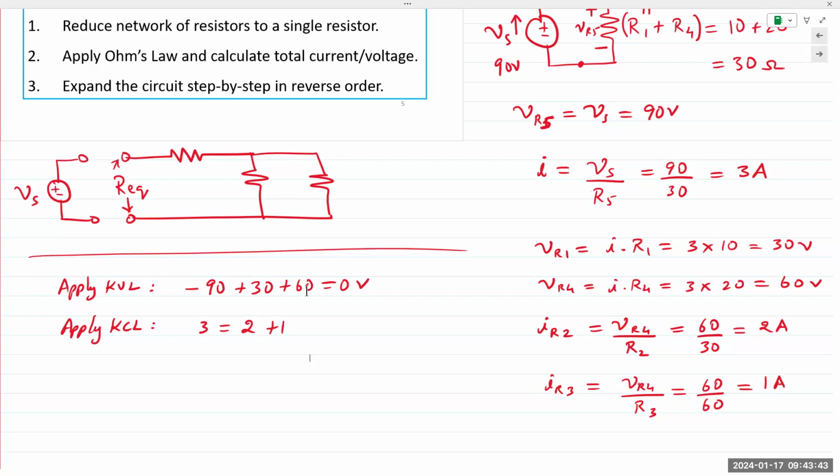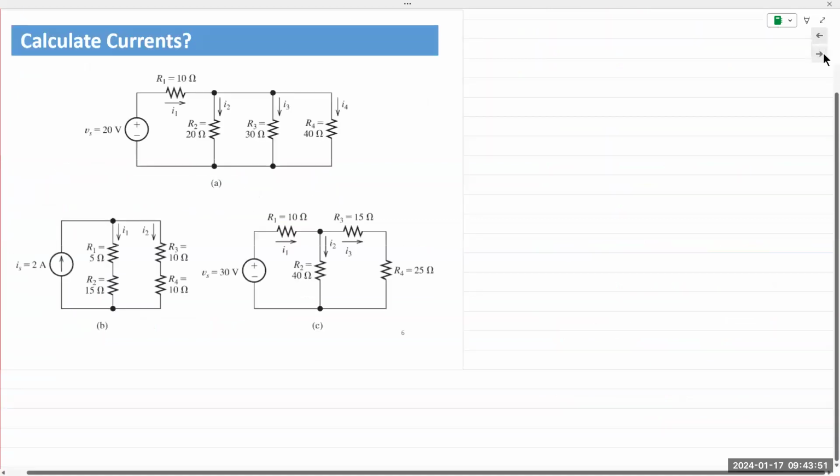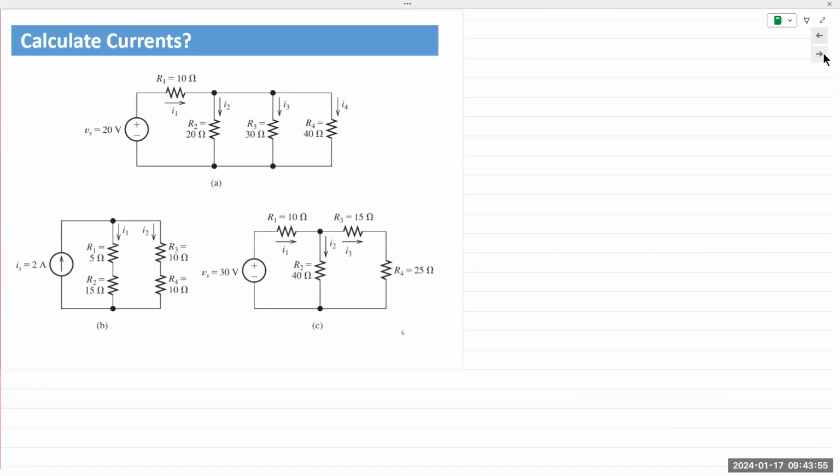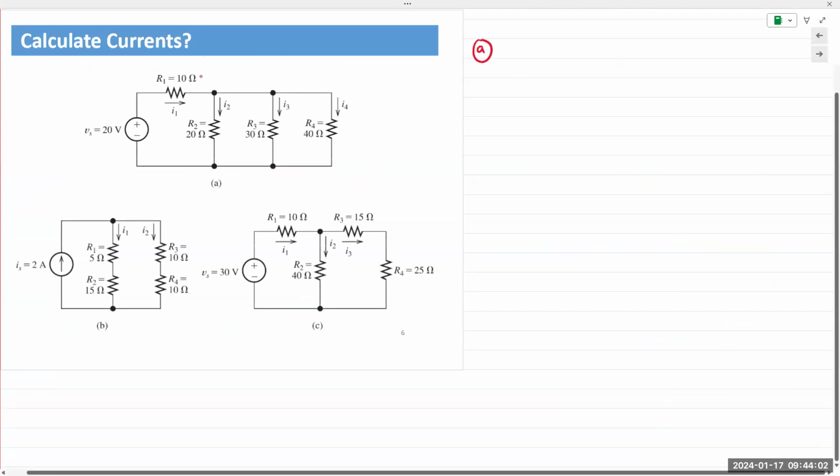Any questions at all? Did every step make sense? All right, let's move a little bit faster then. This one, A. Remove the voltage source and analyze the circuit to find Req between these terminals, right?